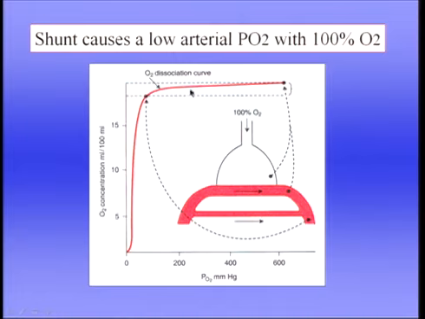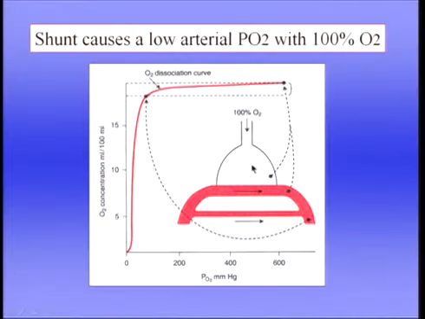In other words, it's 0.003 mL per deciliter per millimeter of mercury. Remember, the oxygen solubility was 0.003 mL per deciliter per millimeter of mercury. So the slope of this line is simply given by the dissolved oxygen. Okay, so what happens if we have a shunt? Well, first of all, we give somebody 100% oxygen.